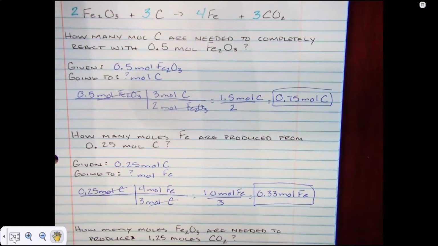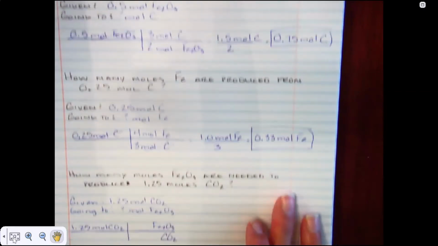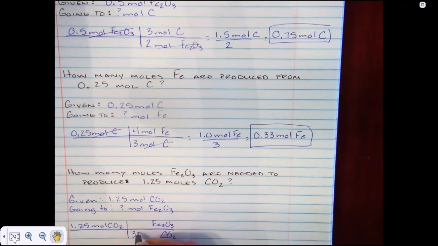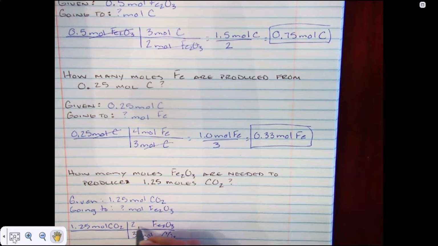That means that we will have a 3 in front of the CO2 and a 2 in front of the Fe2O3.